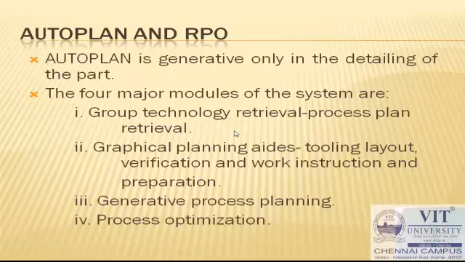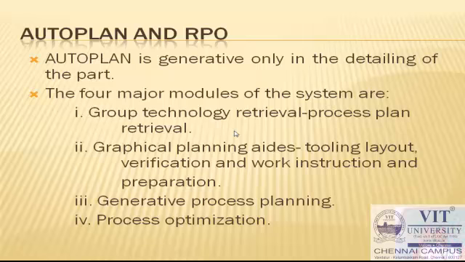So there are 4 major modules here. First, group technology. The parts should be grouped in a particular part family. According to the part family, some standard files will be available, or you can generate your own process planning. Then the graphical planning, that is, while doing the modeling stage itself, the process plans will be generated in a step-by-step process to complete the entire operations.